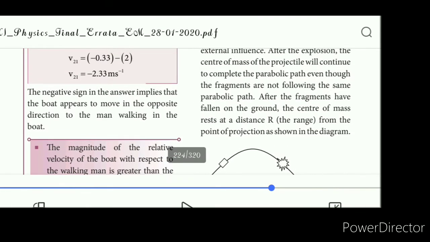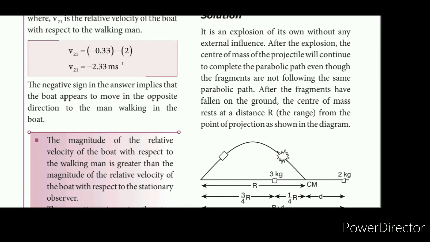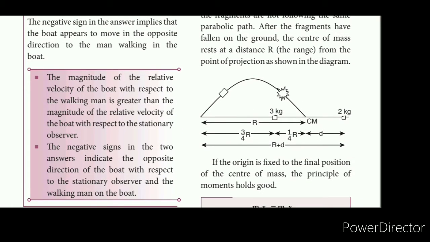So look at that one picture. See, the object, the bomb, is nothing but your explosion bomb, placed at the center of the body. If it is 5 kg, what will happen? The 3 kg piece will land at one point, and the 2 kg piece will land at another, measured from the point where the bomb is thrown on the surface. From the origin to the center of mass, the distance equals r.